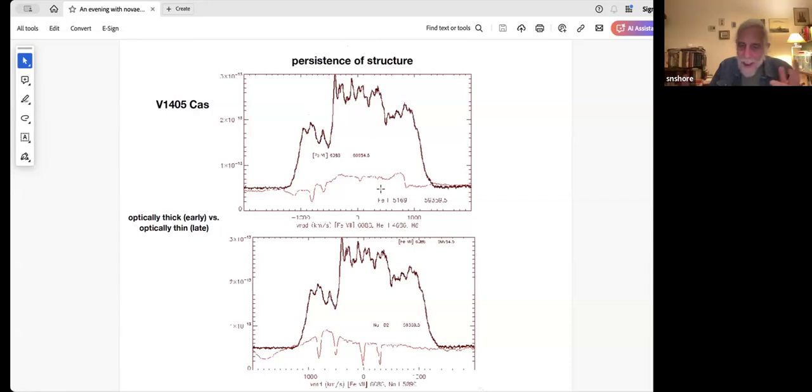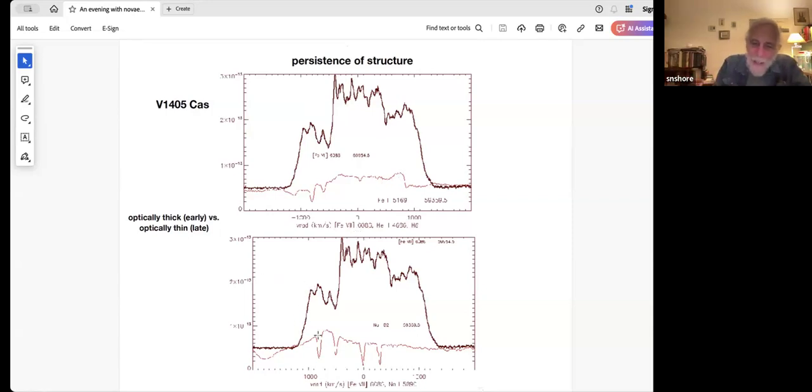In the other, it's ionized by the UV. This is in the early stage. This is in the later stage. These two are different from each other completely in the thermal structure of the ejecta, but they're tracing exactly the same three-dimensional structure. Even more striking, the bottom, and I think this is really just neat stuff.